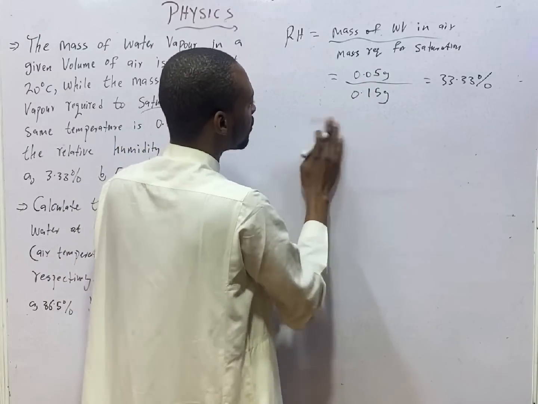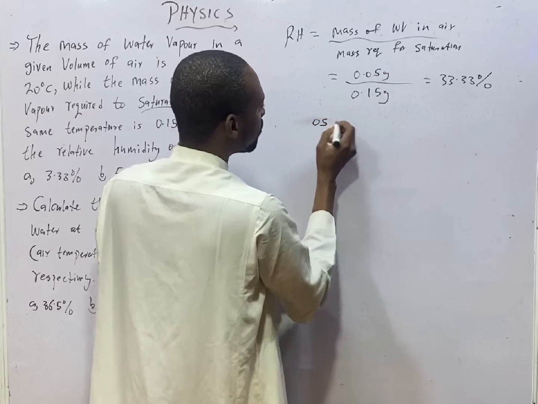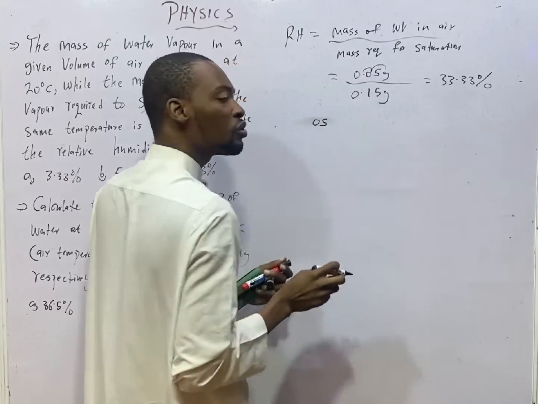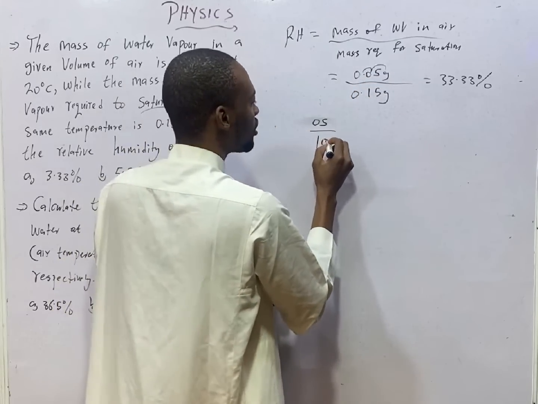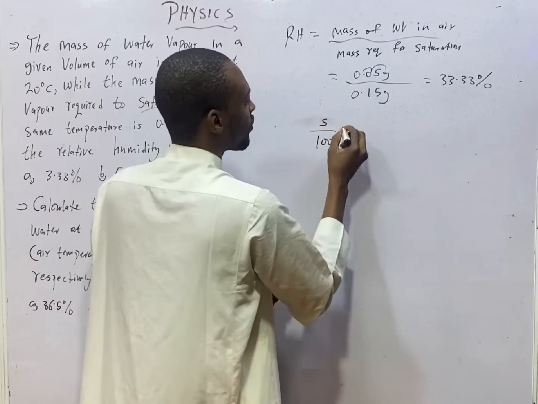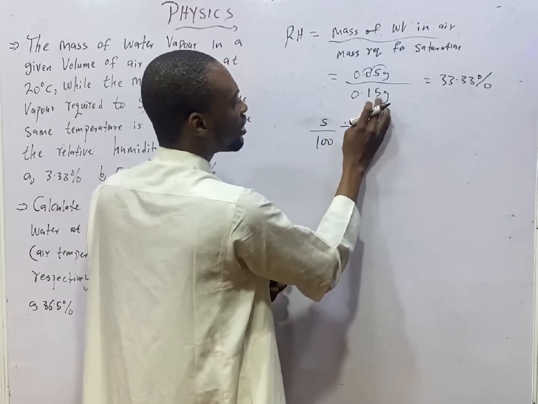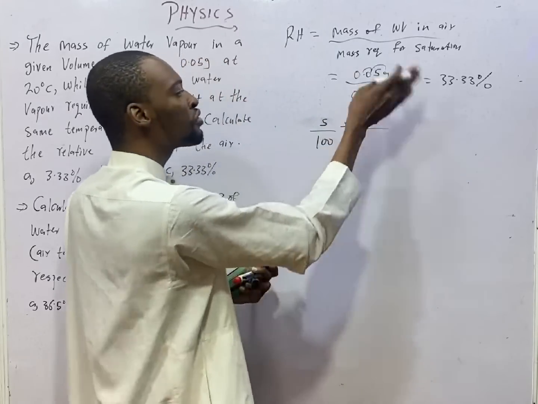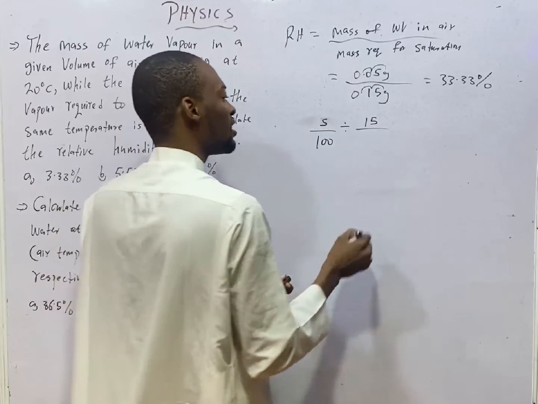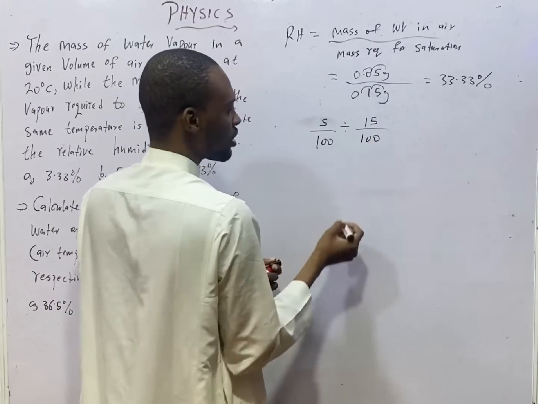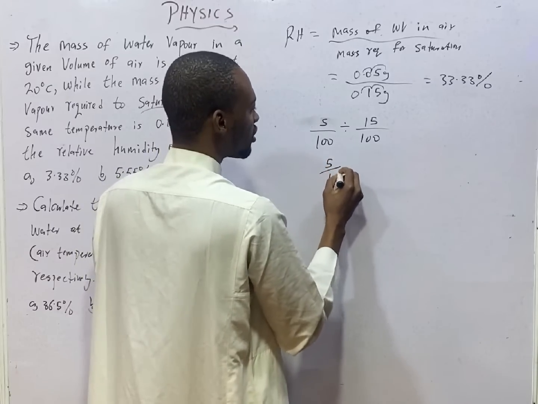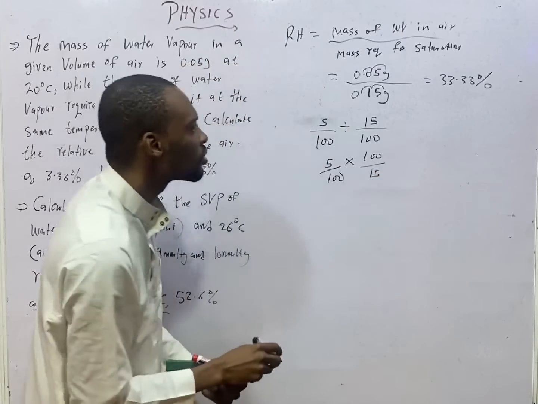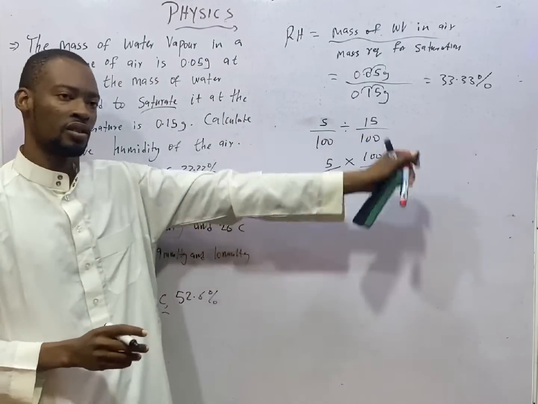Now this is the same thing as 0.05 over 0.15. You pick from here. Since here is 0, you start counting: 1, 2. Two places is 100. This is 5 over 100 divided by 15 over 100. That is the same thing as 5 over 100 times 100 over 15, because to change division to multiplication, you invert the other side.